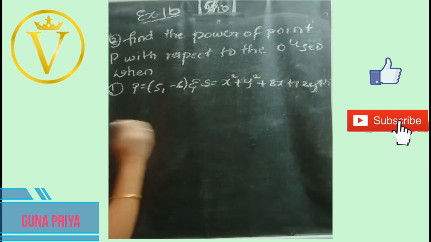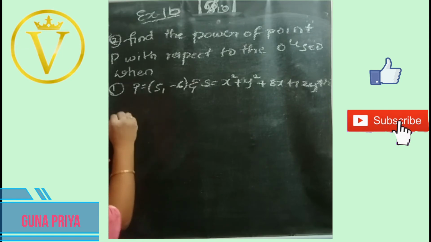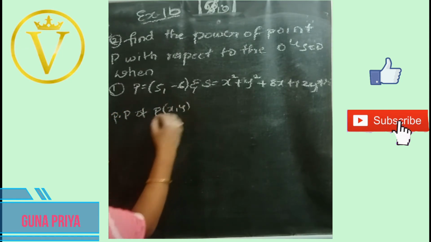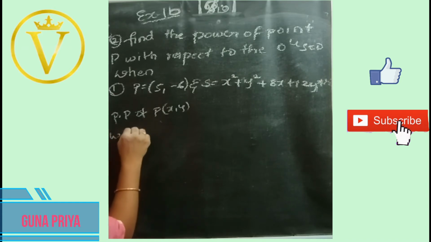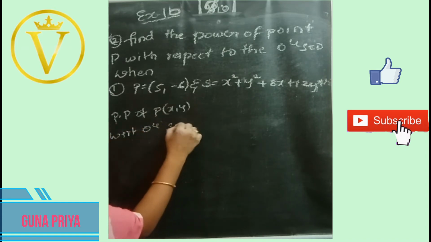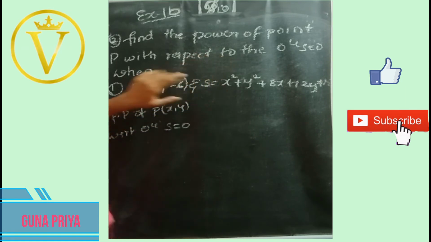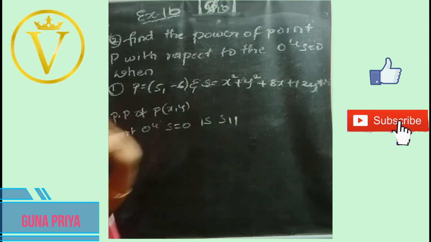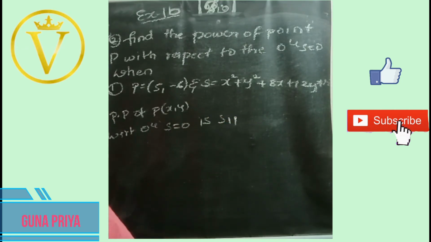Now we have to find out the power of point, that means P(x1, y1) with respect to the circle S equals to 0. We have to find out the value of S11.